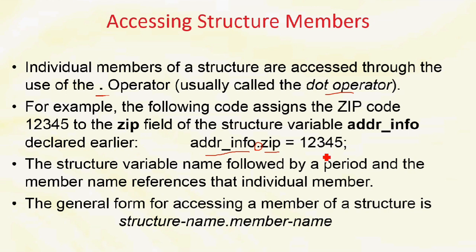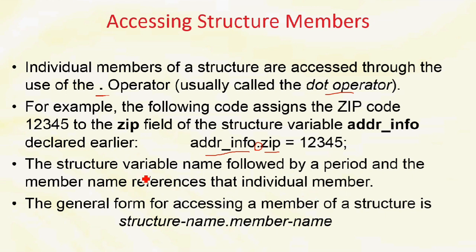Actually it's an integer variable, so we can give an integer value. Similarly, suppose you want to give a city, you can use address info dot city equal to any city name, Madras, Madurai, like that.